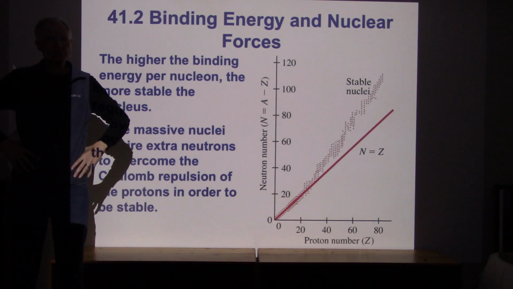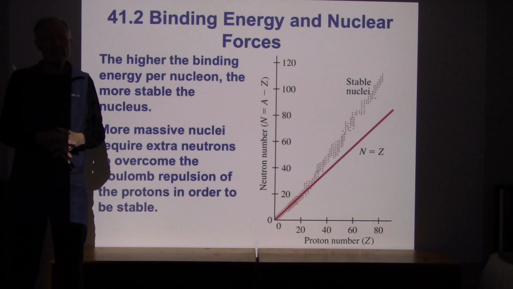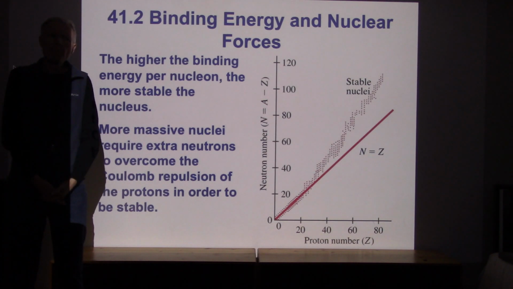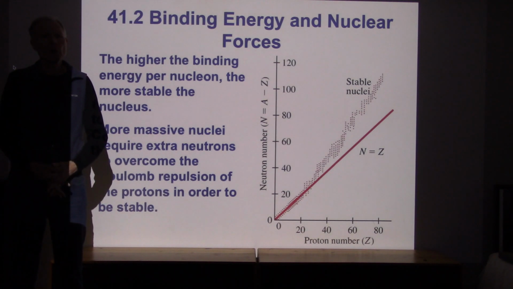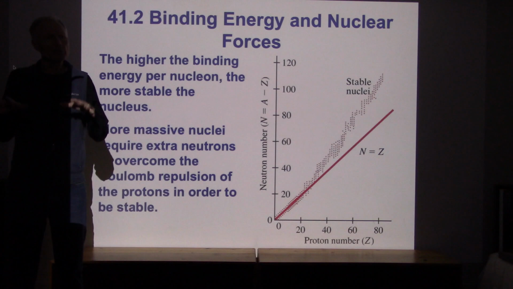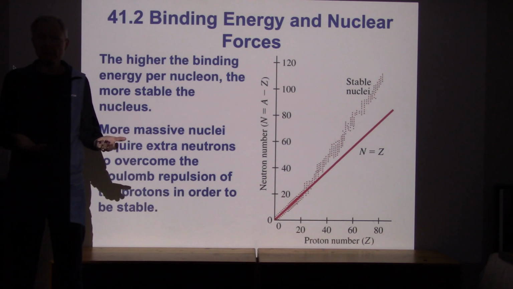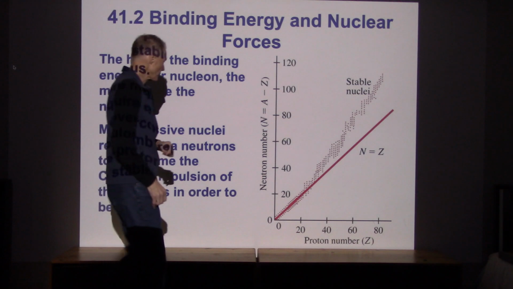Even though there are two effects here, one effect is, to first order, similar numbers of protons and neutrons, but then we have to recognize that we're going to need a few extra neutrons compared with protons. The neutrons give us a little more binding energy than the protons do, because the protons are all positively charged and they're all repelling each other. And that's what we see in the periodic table.